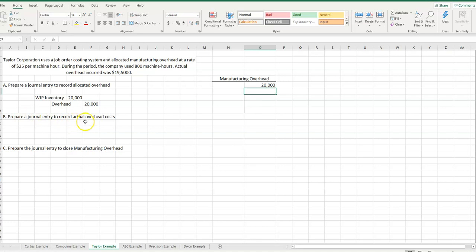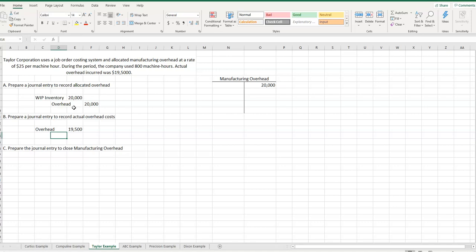Our second journal entry is to record the actual overhead costs. So our actual overhead costs for the period were $19,500. We're going to debit overhead, because remember, we debit for actual costs and we credit for our applied or allocated costs. And then the credit would be various accounts.